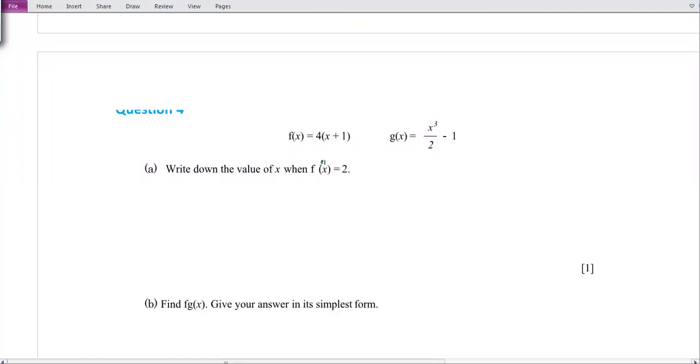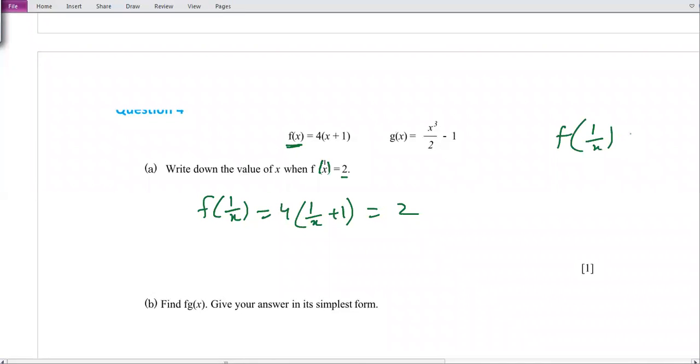This one is f of 1 over x. You have to write down the value of x when f of 1 over x is equal to 2. Now this is your f of x. First find f of 1 over x. It means in place of x write 1 over x. It will be 4 into 1 over x plus 1. Now it is given it's equal to 2, according to the question f of 1 over x is equal to 2.